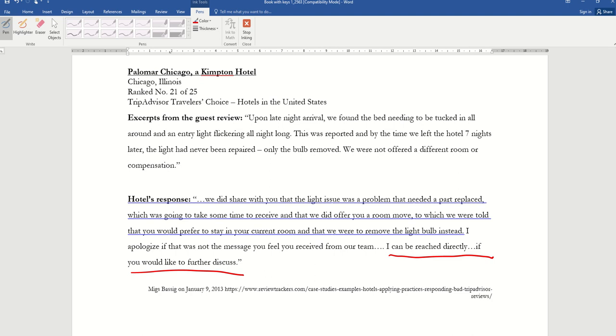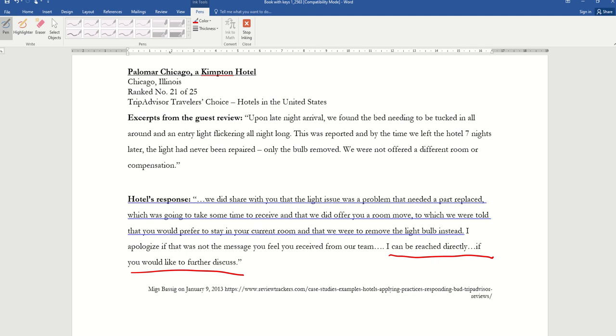This was reported, and by the time we left the hotel 7 nights later, the light had never been repaired, only the bulb removed. We were not offered a different room or compensation.